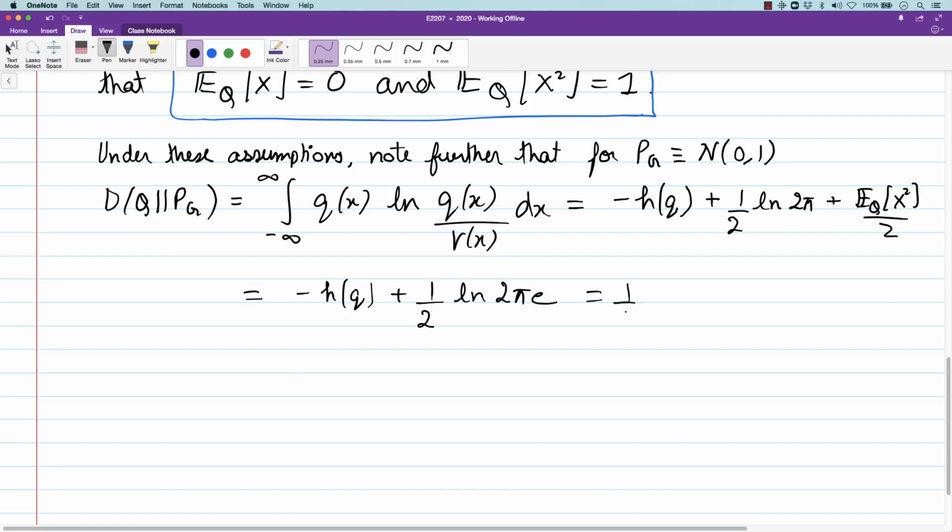But then this is nothing but half of ln 1 by entropy power. So in other words, this half log 1 by entropy power is exactly the same as divergence between q and pg.